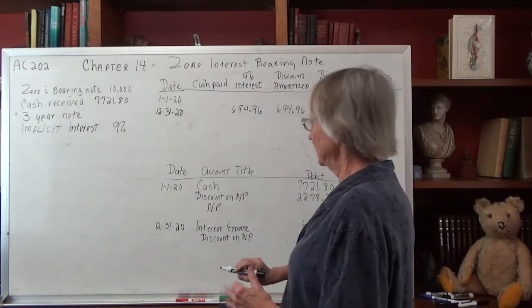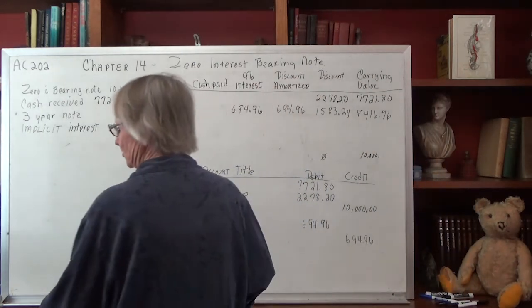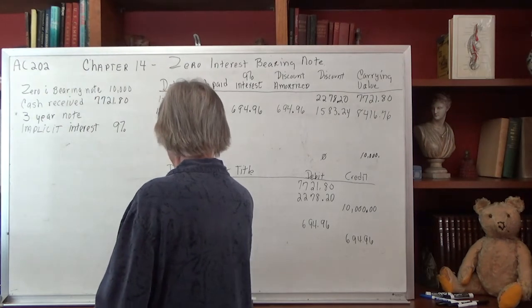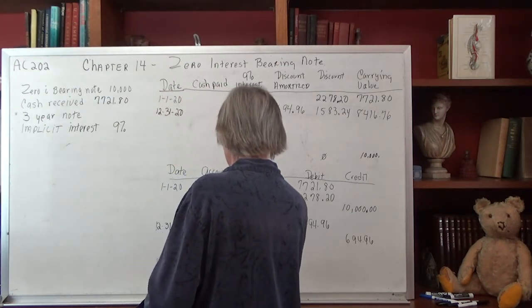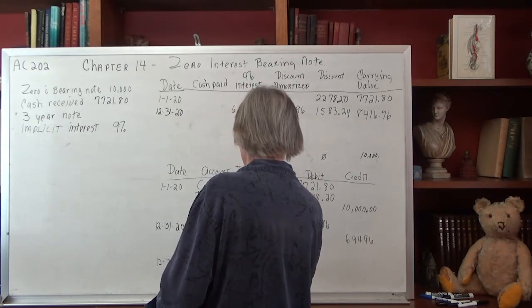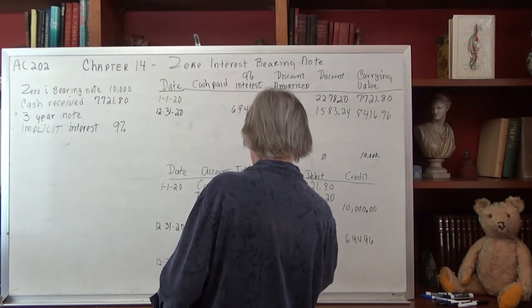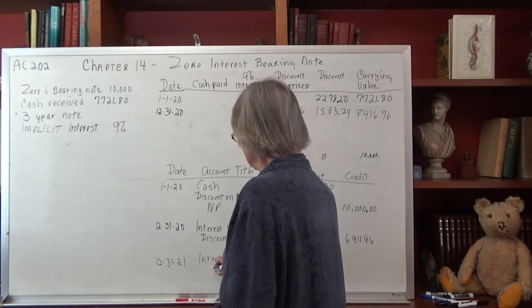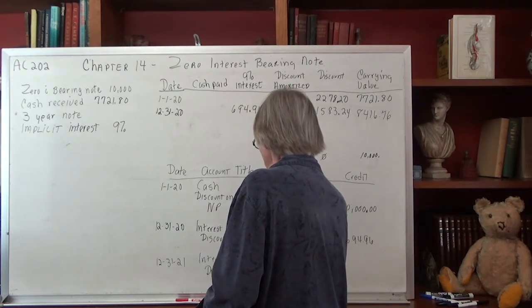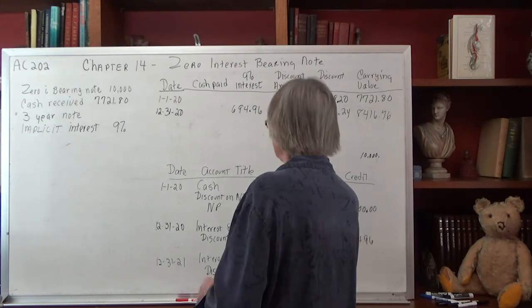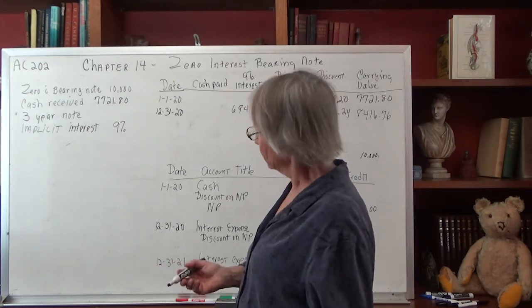All right, and let's just do the next year. 12/31/21. We're just going to have interest expense again, and we'll be crediting the discount on notes payable, and we just have to come up with the amount. So how are we going to do that?